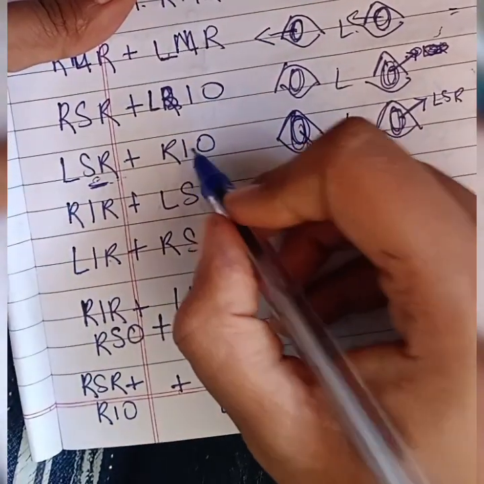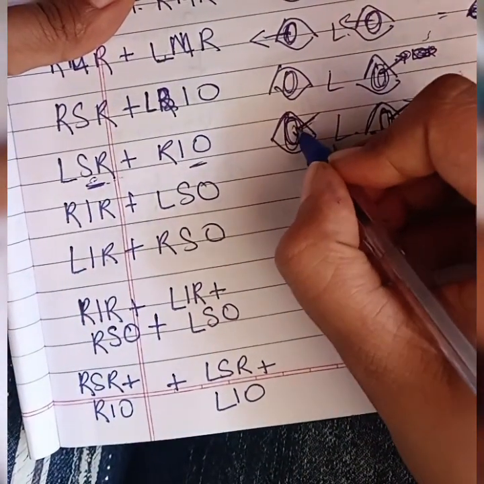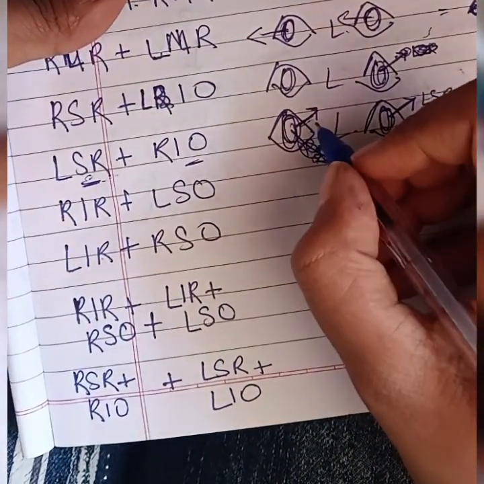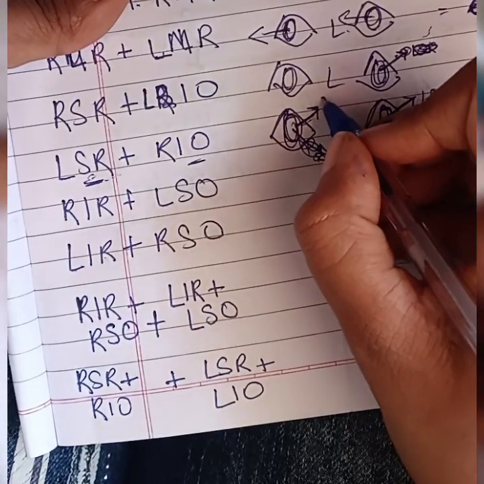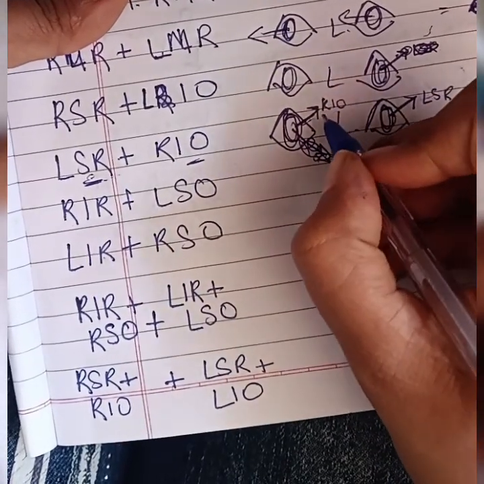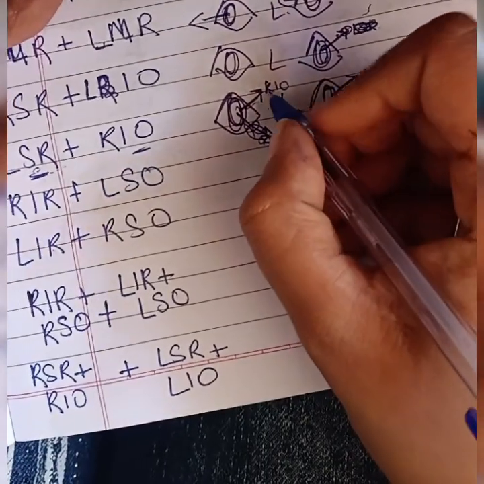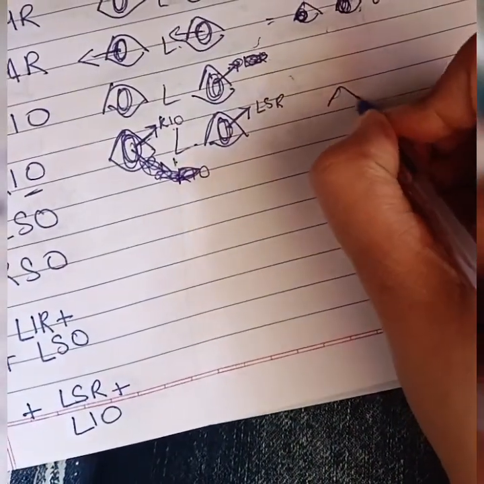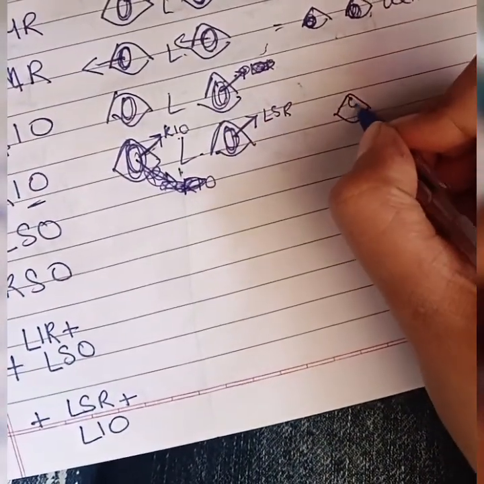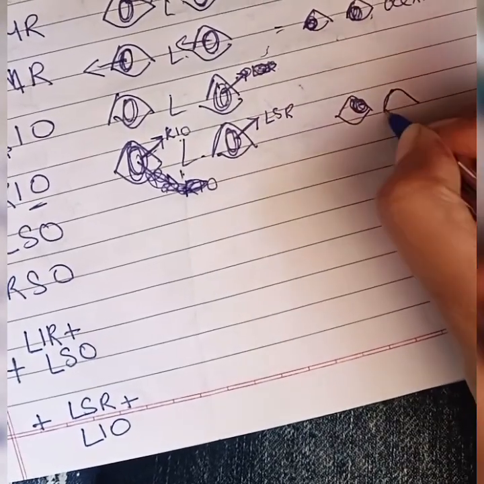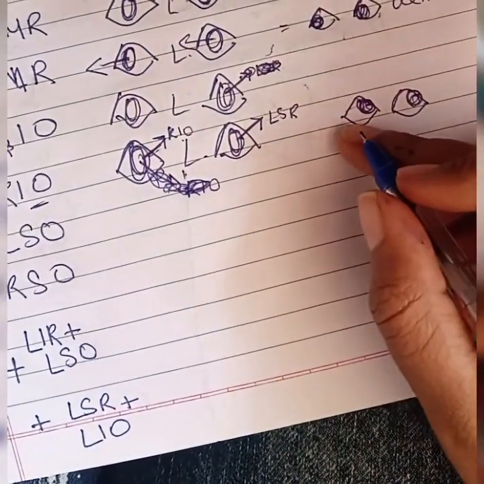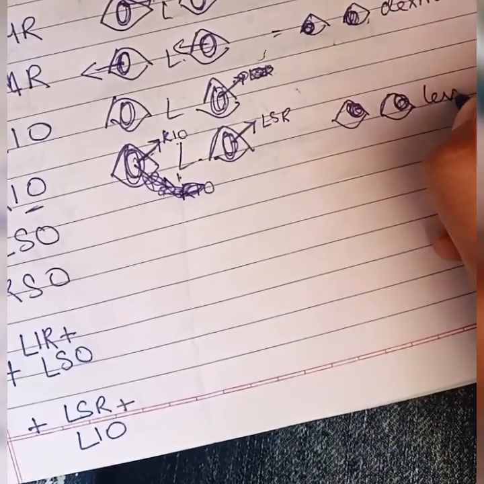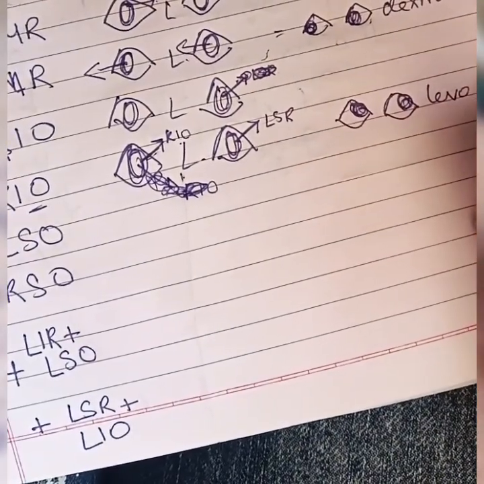Sorry, it's not superior oblique, inferior oblique. So elevation in your right inferior oblique, that is elevation is done in your adduction. So the eyes over here would be like this. So again, this is towards the left side and it is elevation, so levo elevation.